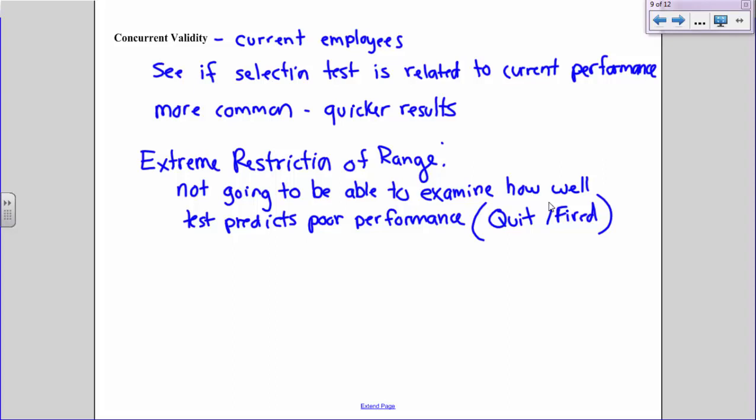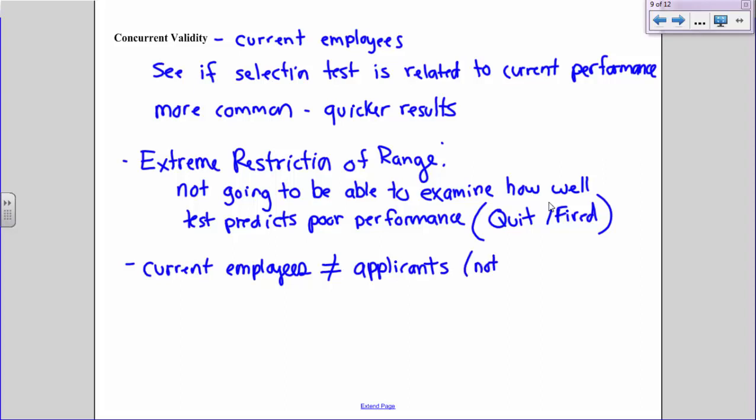Also, the problem with this strategy is that you are not really using a representative sample of applicants. Current employees may not be representative of new applicants because current employees already have had on-the-job training, right? So current employees are not equal to applicants, right?